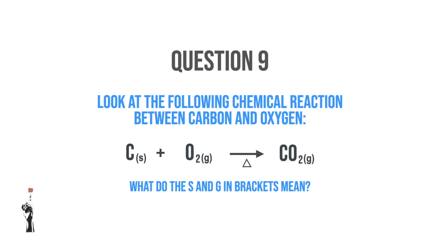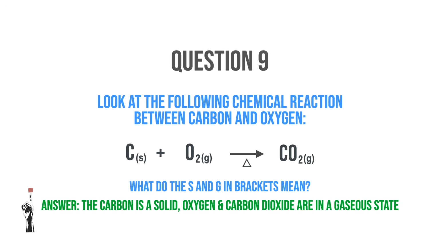What does the S and G in brackets mean? The S in brackets means that carbon is found or used in its solid form. And the G in brackets means that the oxygen and carbon dioxide are in their gaseous state.